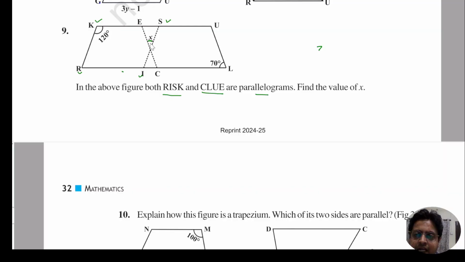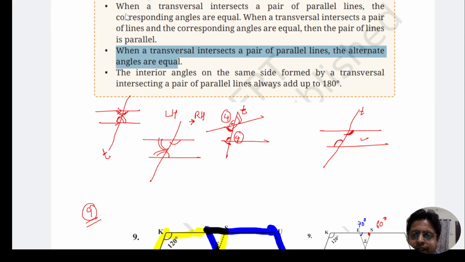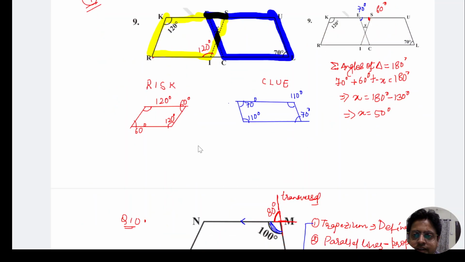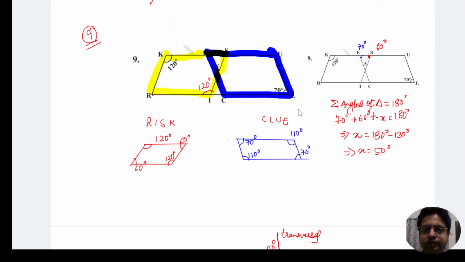Okay. So to solve this question, we will break it into two parallelograms. The figure is given somewhat like this. You have two parallelograms, RISK shown here, and CLUE shown here.